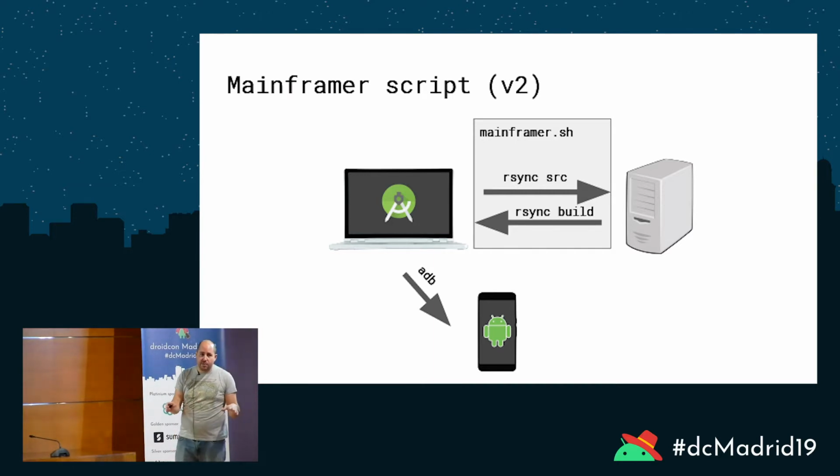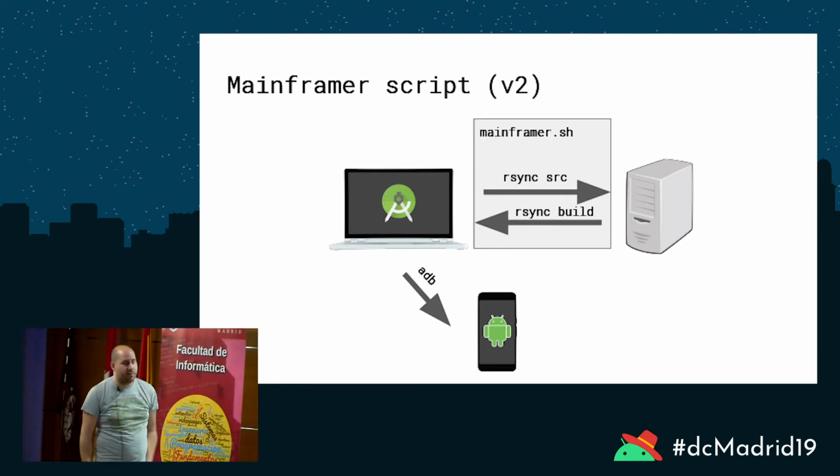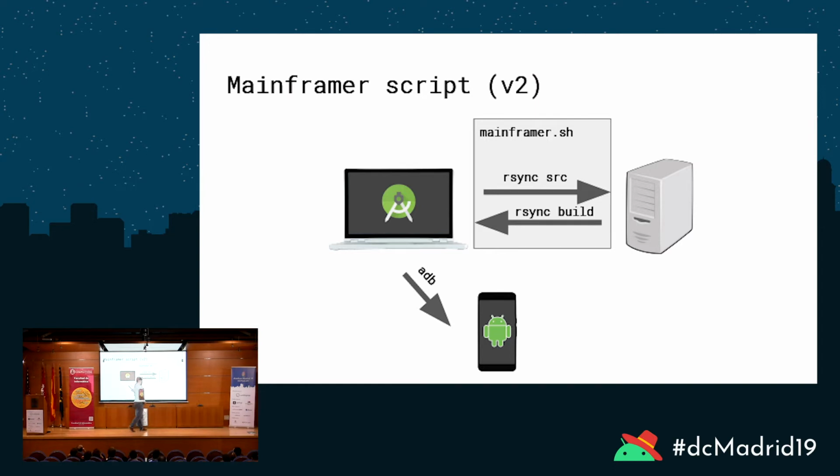It's completely agnostic; it doesn't matter if it's Gradle or any other thing. It syncs your workspace using rsync, runs the command that you have passed, and syncs things back to your laptop. So what you get back is the APK and all the build files. And that's a very simple concept.